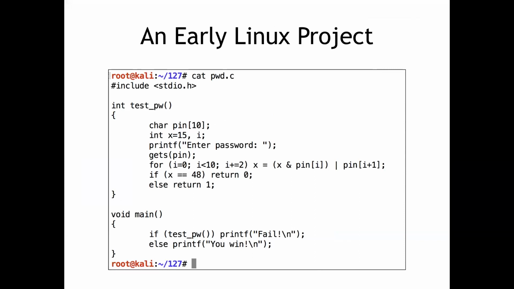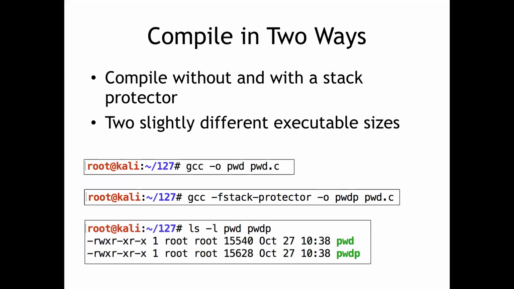To make that happen, you have to compile it with -fno-stack-protector, which is one of the things we did. It turns out on Linux, the canary stack protector is turned off by default in GCC. It's only there if you turn it on, which is surprising to me, but that's the way it is.